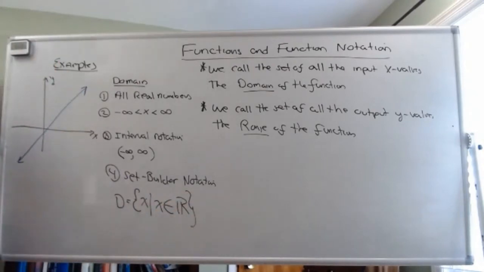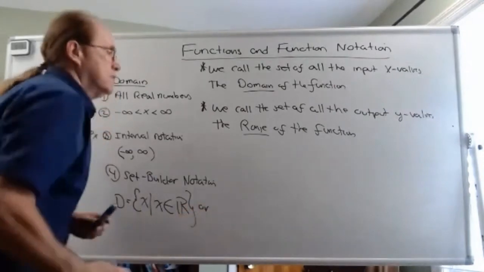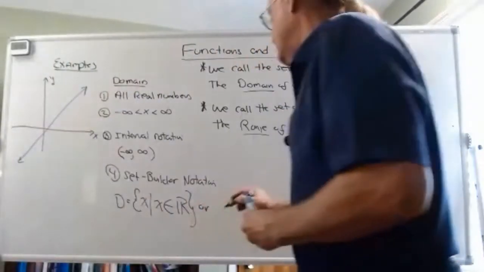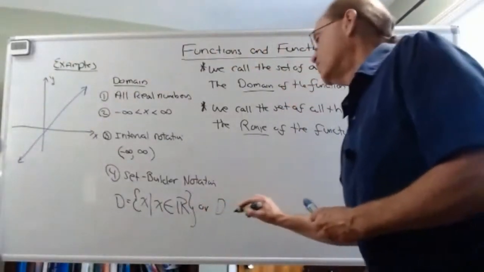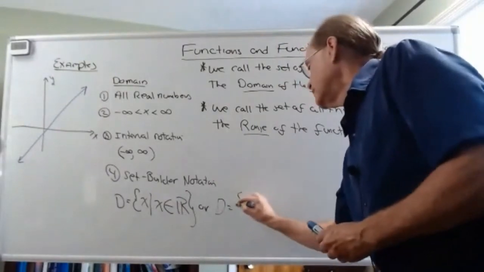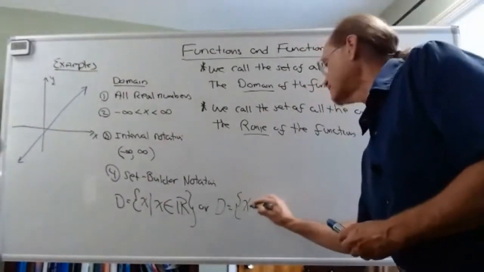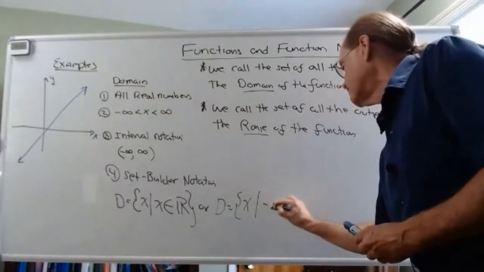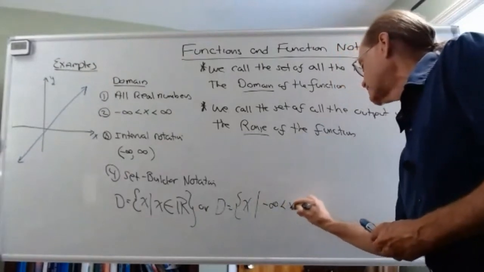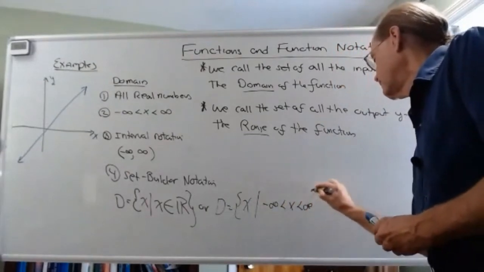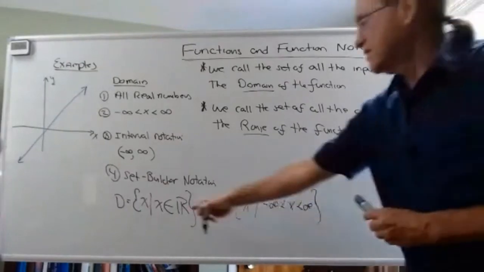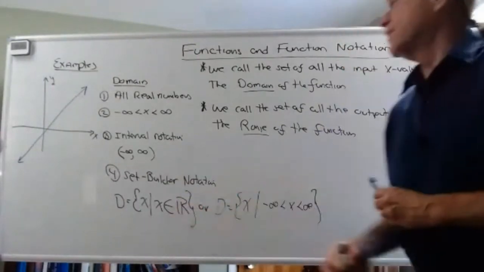You could write it like this, or you could also write it in this form. D, the domain, is equal to the set of all elements x such that minus infinity is less than x is less than infinity. Since it's a little shorter, I'll probably prefer to write it like that.